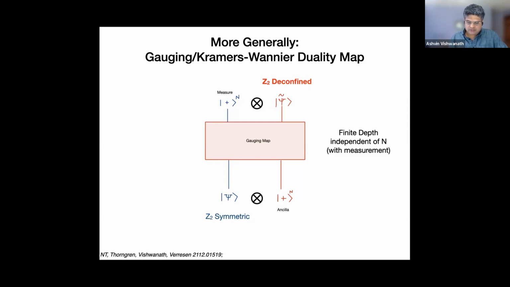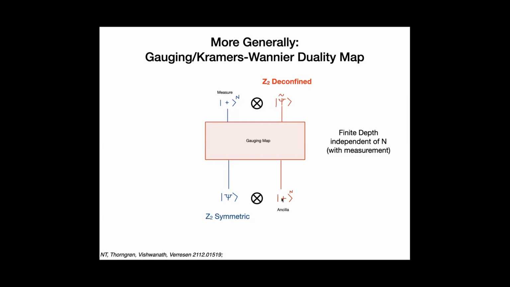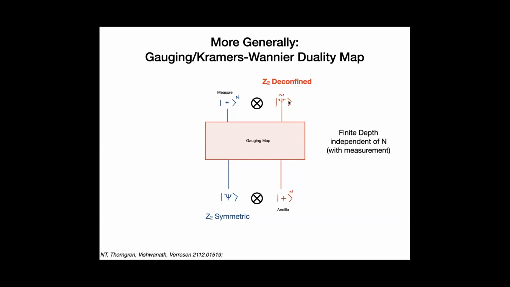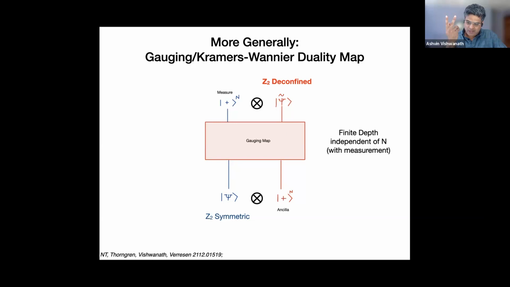Here in this color notation, the blue is actually at the vertex. And the red is on the bond. So you're right, at the end of the day, what is the ancilla and what is the physical qubit have swapped. That's kind of the duality, if you like.